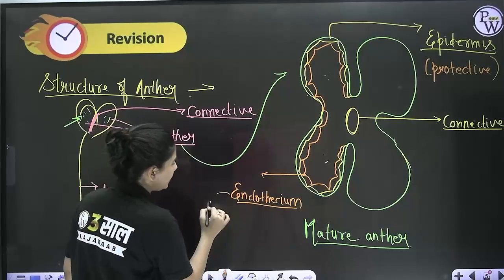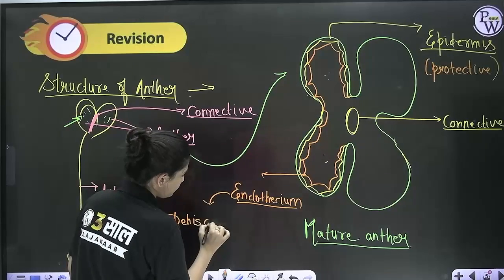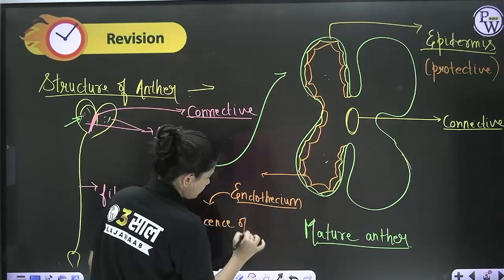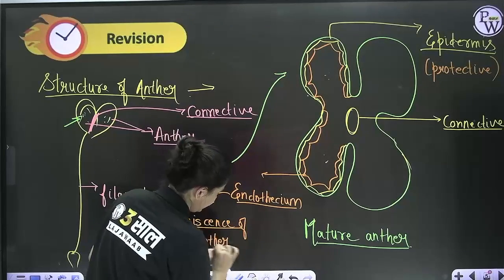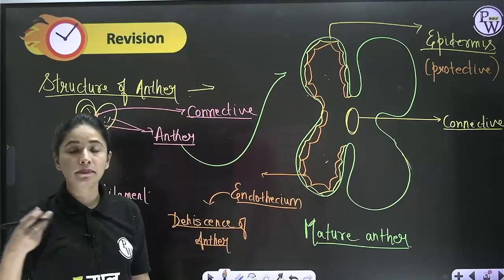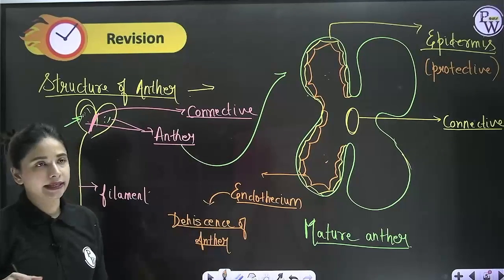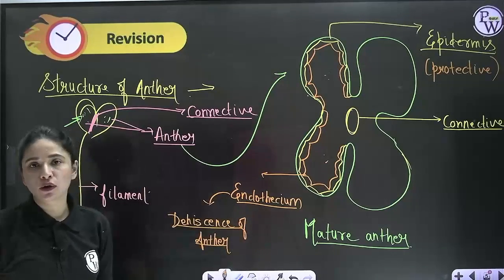So basically this endothecium helps in dehiscence of the anther, so that pollen grains can come out and be dispersed for pollination, correct? Got my point? The two layers of the mature anther.